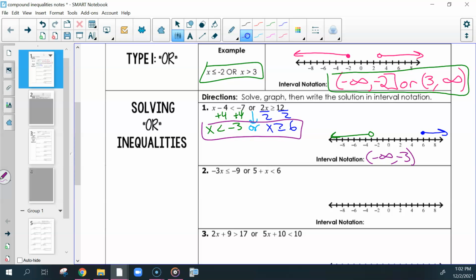So you should have a parenthesis. The word or. And then it starts again at 6. It is included and goes all the way to positive infinity. Do you have any questions on how we solve that, how we graph that, with the interval notation?